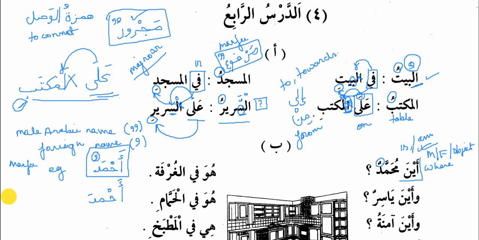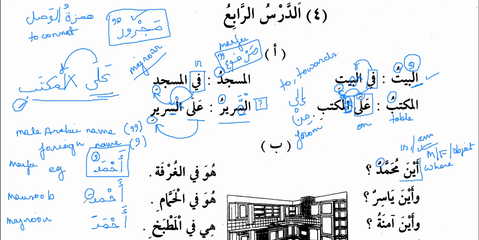Please know that mansoob is the case in which the noun usually has a fatha over the last letter. And in case of majroor, what will happen? Any guesses? In case of majroor, it will also show a fatha.